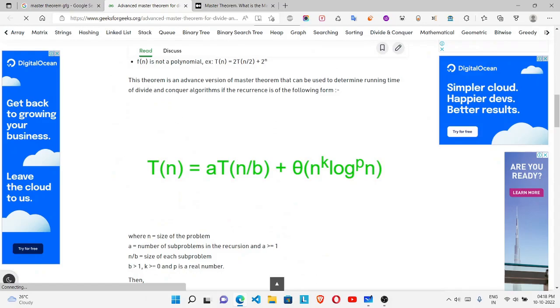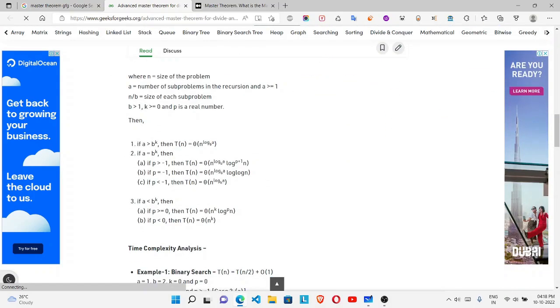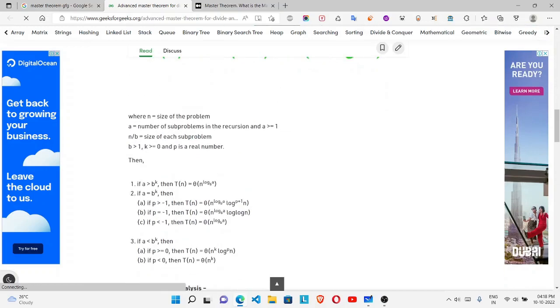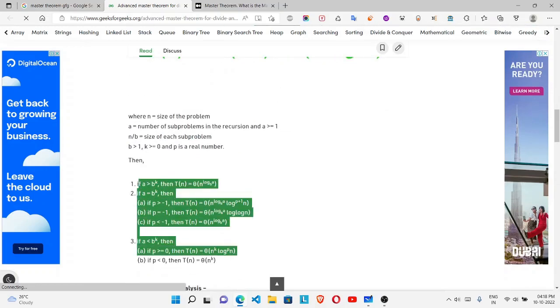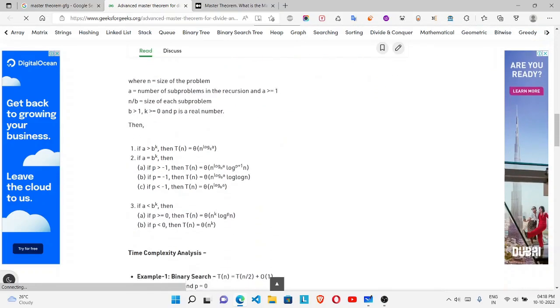And I guess this is more than enough for us because it's actually not very easy to remember this theorem. And they might ask you to write the master theorem, solve using the master theorem. And anyway, you need it for your exam, right? So just learn this one.